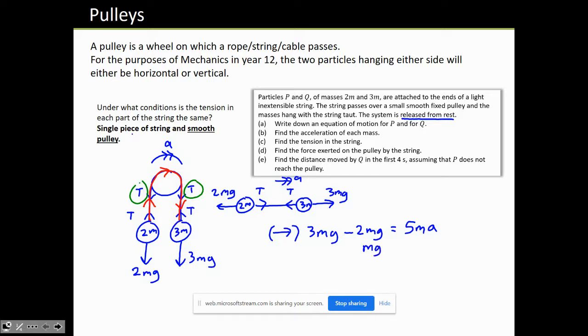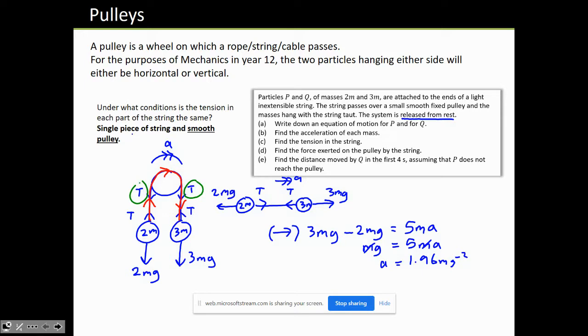So mg equals 5ma. You can see that the m cancels out, and we get to the place where we were before. We end up with our acceleration being 1.96 meters per second squared, which is quite nice.